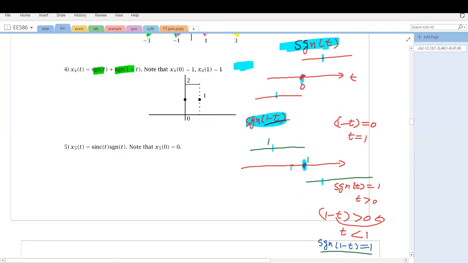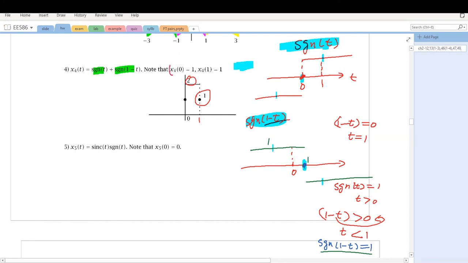Therefore, we only have values from 0 to 1. Others cancel out each other, so this is 1. We have, this is 0, and this is 0, and this is 1, right? And then you line them up, so the function value becomes 2. And this middle point is okay if you want to specify or not, that's fine.